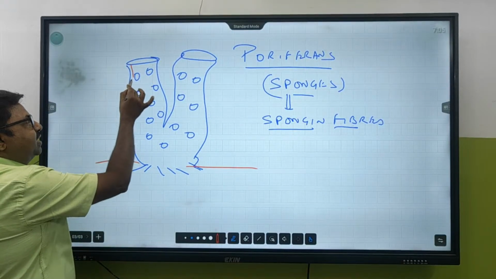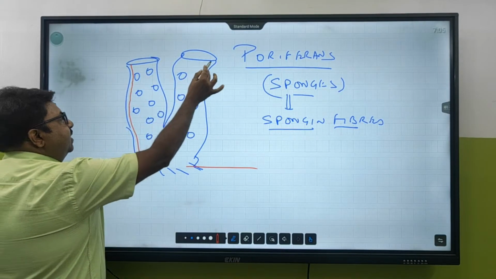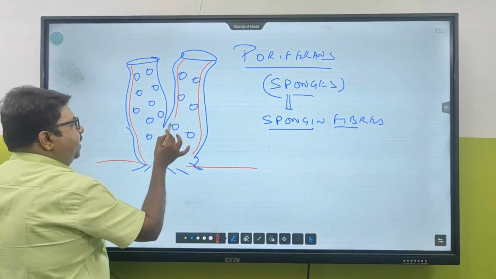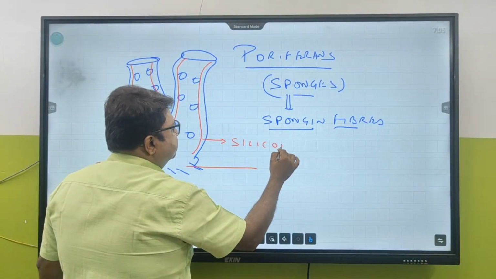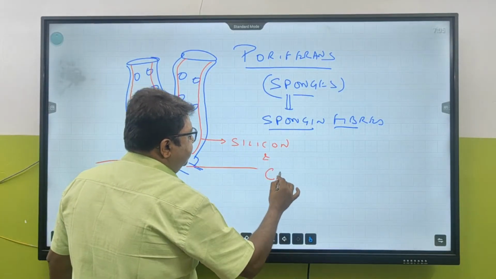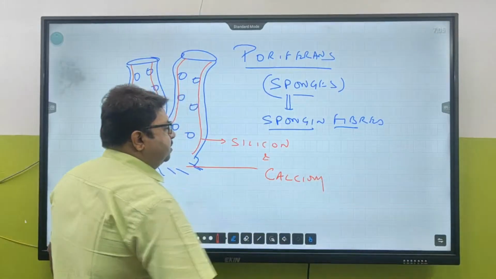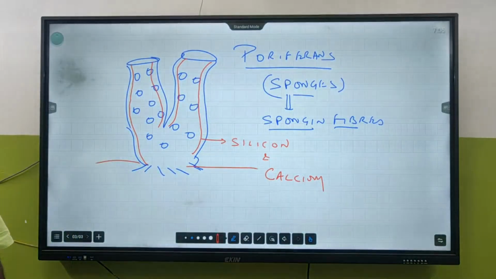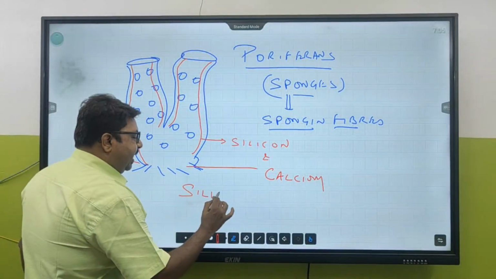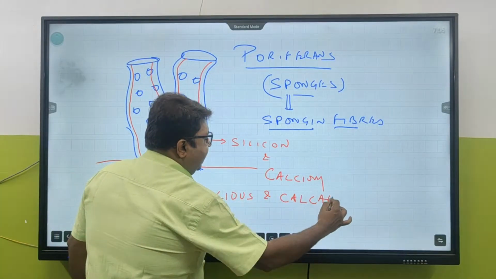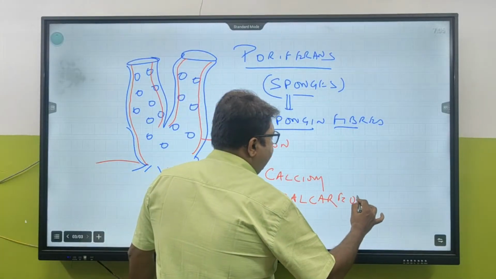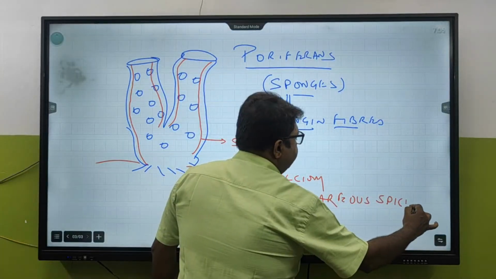Secondly, a little bit of rigidness is there due to the deposition of silicon and calcium. So we call these structures siliceous and calcareous spicules.